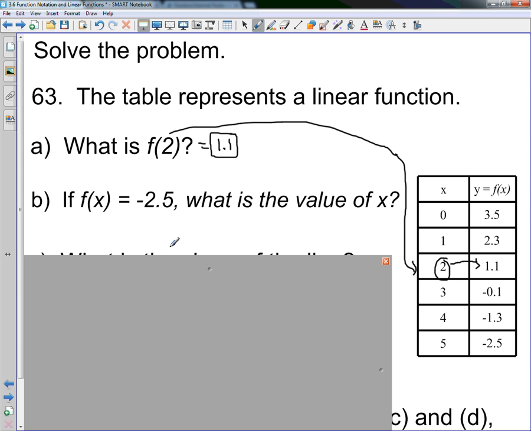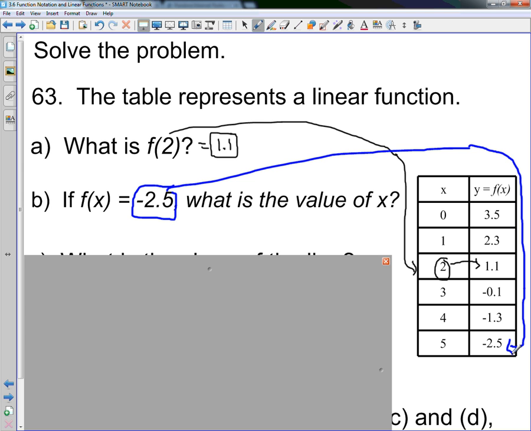Now this one is asking us, if f of x equals negative 2.5, what is the x value? So I'm trying to find the x value if the result was negative 2.5. So let's go to our table and scroll down until we find negative 2.5.